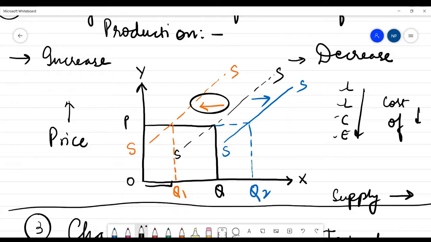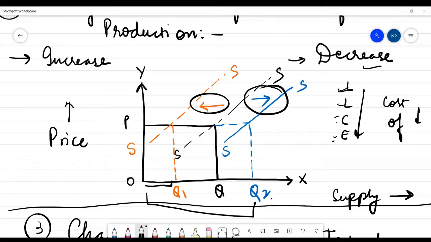So from OQ, the supply will reach OQ2. And when it goes from OQ to OQ2, the supply curve will expand and shift towards the right hand side. So if there is a decrease in the price of factors of production, meaning land, labor and capital, if you don't have to pay much, the cost of production will also be less. Therefore, the profit margin will be more.